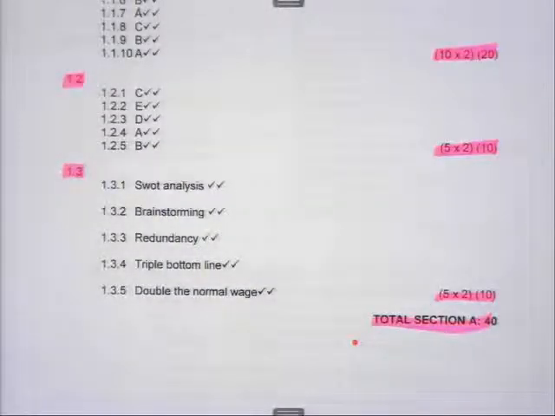And still on instructions, there is also another important instruction that I wanted to sensitize you on, the numbering of the question paper. If you decide as a candidate to renumber your question paper, you are going to be penalized.